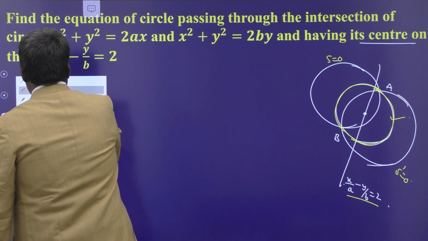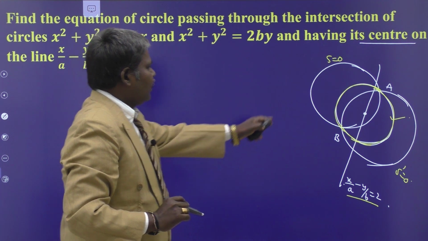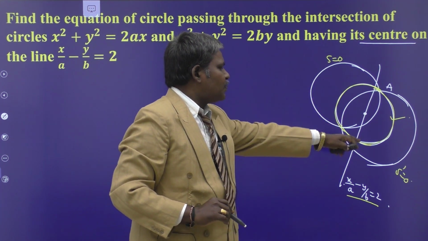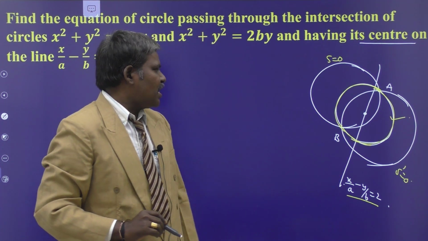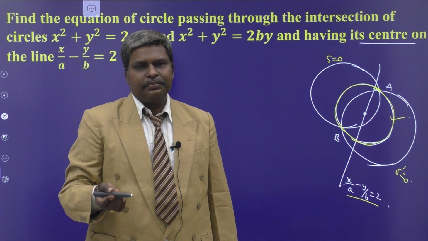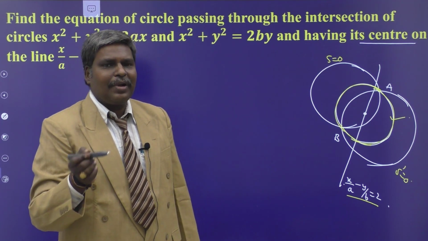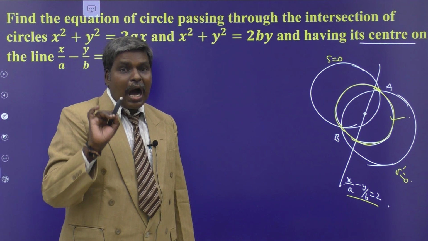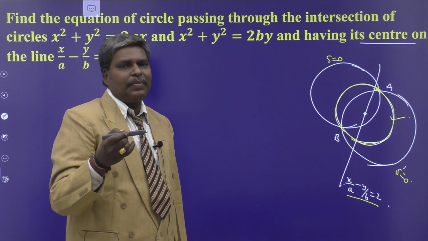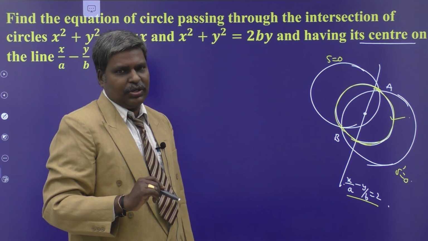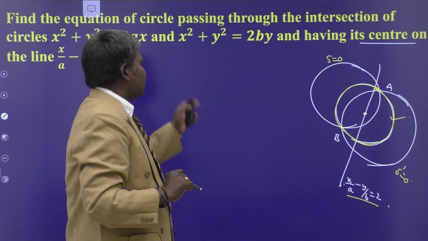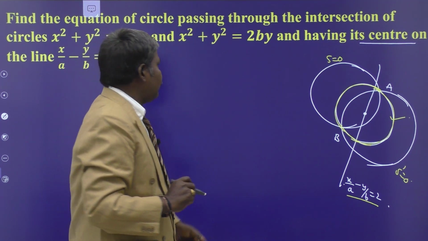Now tell me, what is the idea? Can I write the equation of any circle passing through points of intersections A, B or not? What is of the form? Either S plus lambda S dash equal to 0, or you may use S plus lambda times of S minus S dash equal to 0. For my sake of convenience, I am going to choose the second form.